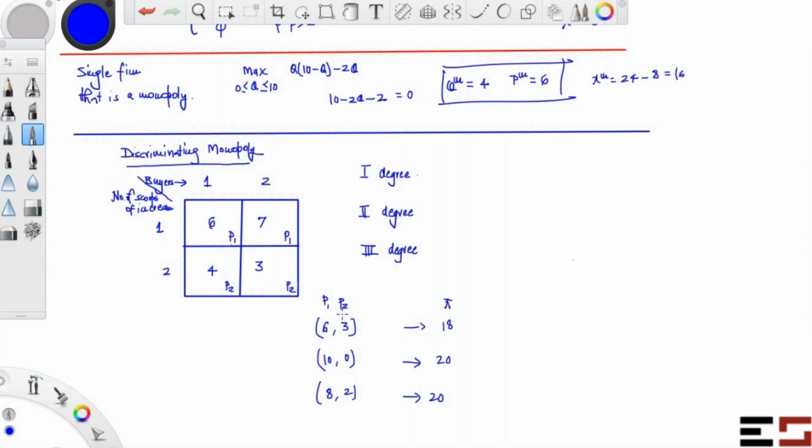In third degree discrimination, the person will be given a price based on some characteristic, like a student discount. So it's a price that is forced on non-students, that they are not going to get a student discount. Have you all understood this?